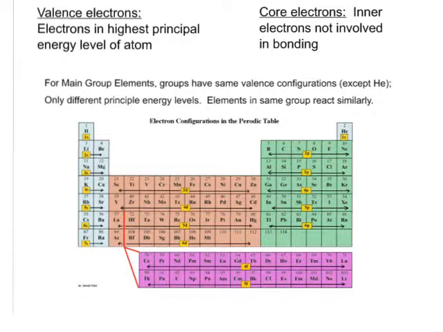They happen to be 2 of them in the 2s orbital, and the other 5 of them are in the 2p orbital. So the core electrons are the ones that are not the valence electrons, obviously. Sometimes they're called inner electrons. They're not involved in bonding. Just the valence electrons are involved in the bonding.